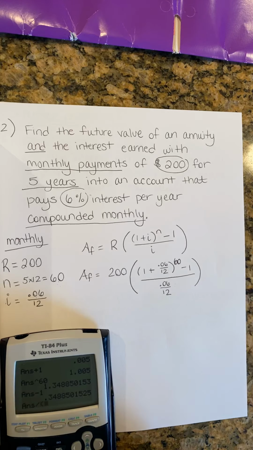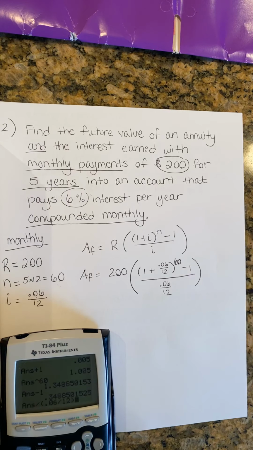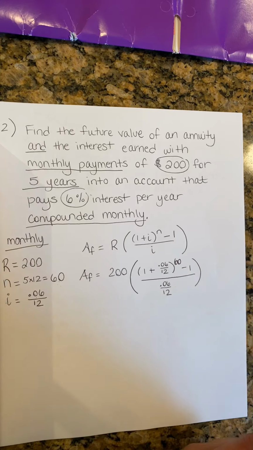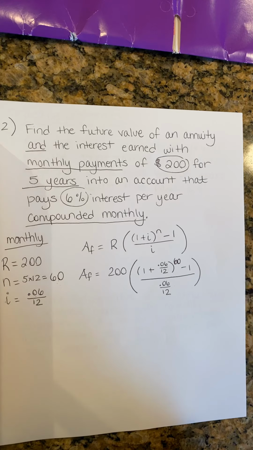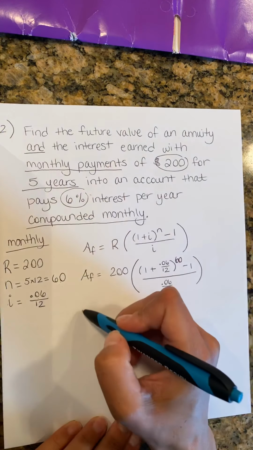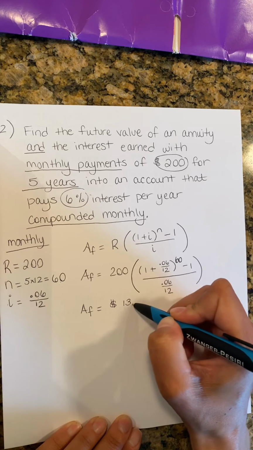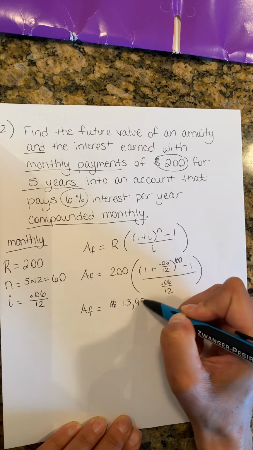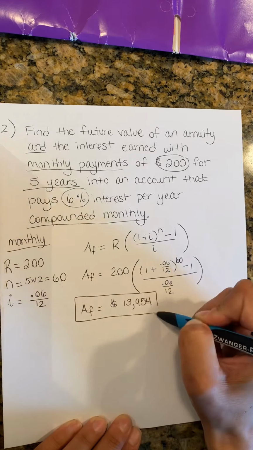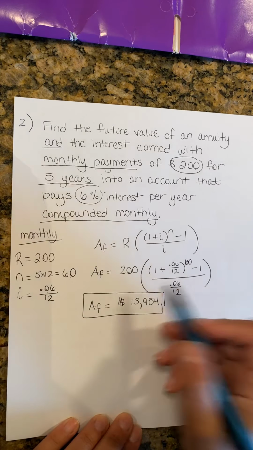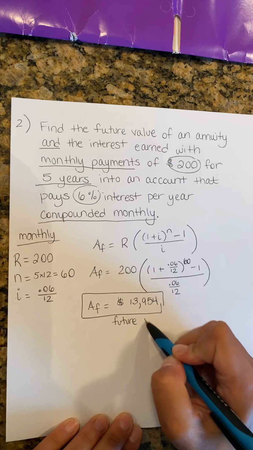Now I'm going to divide it by parentheses 0.06 divided by 12, which is this number, and then finally I'm going to times it by 200. So my future value is 13,954 if we round to the nearest whole number. Okay, so that's your future value after 5 years.